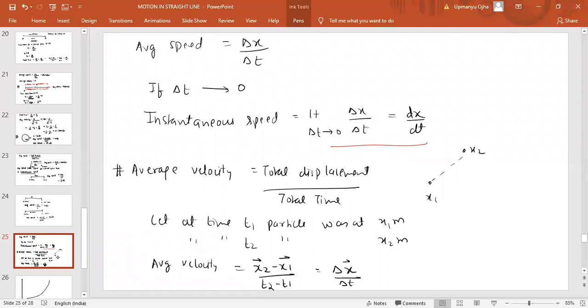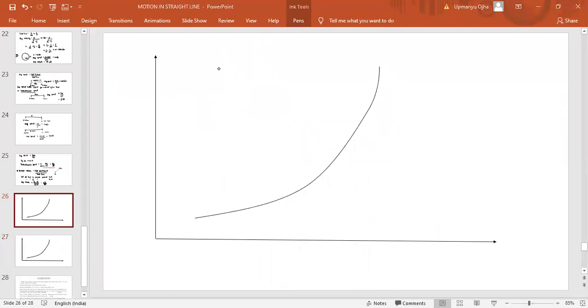Now we can represent average velocity in terms of a graph also. If you look at this graph, I plot x on the y-axis, meaning displacement on the y-axis, and time on the x-axis.